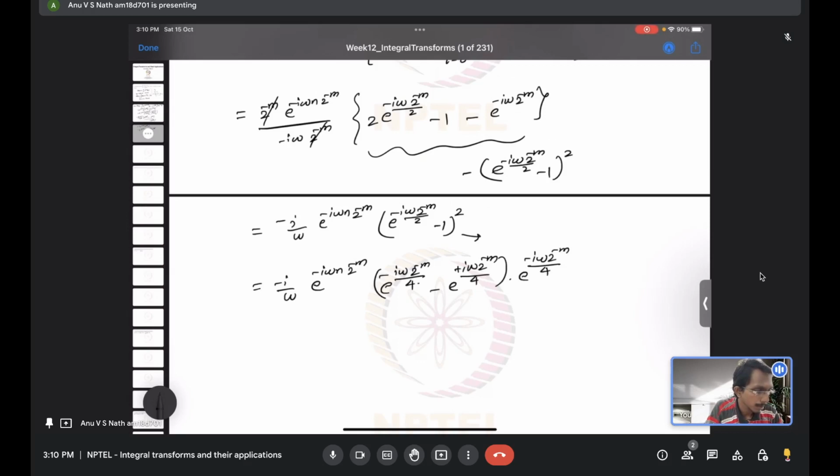Now you can see this term the whole square. Basically what I am saying is that the term inside the bracket can be split into these 2 parts, product of 2 exponentials.